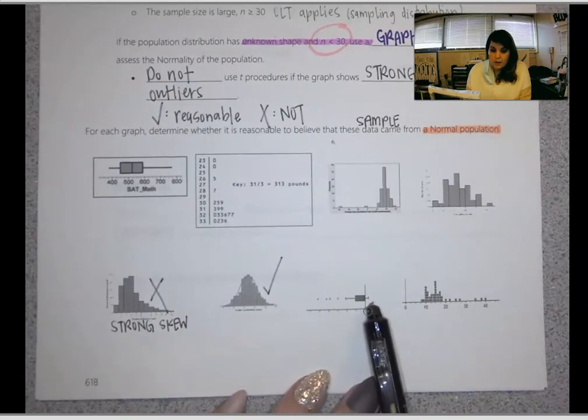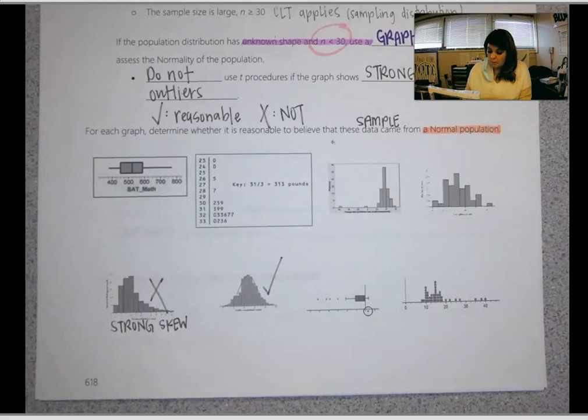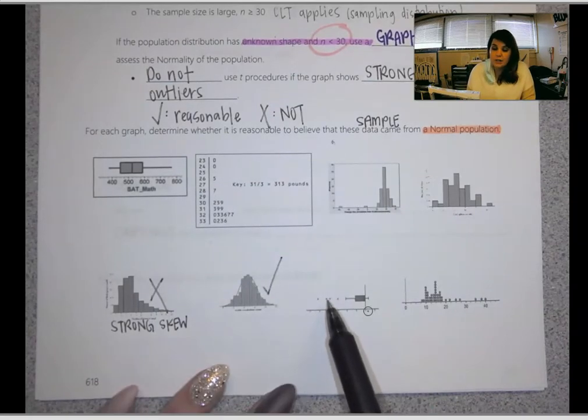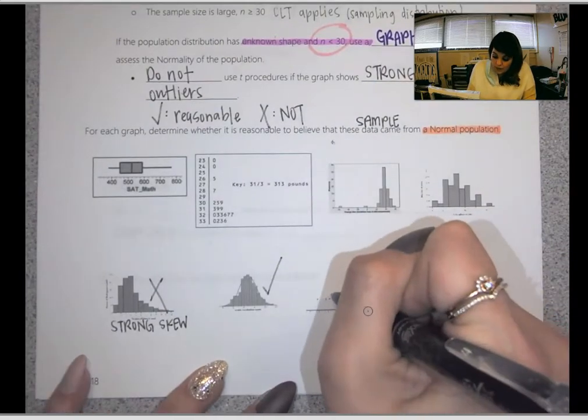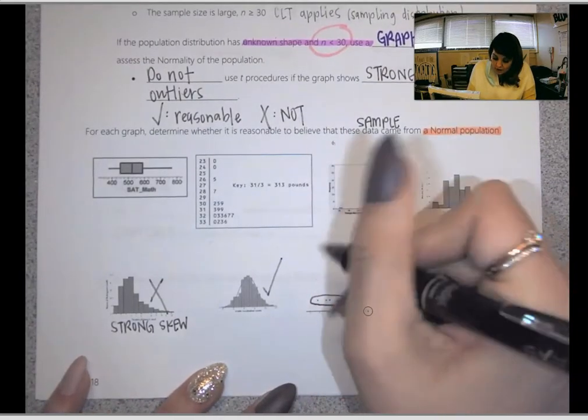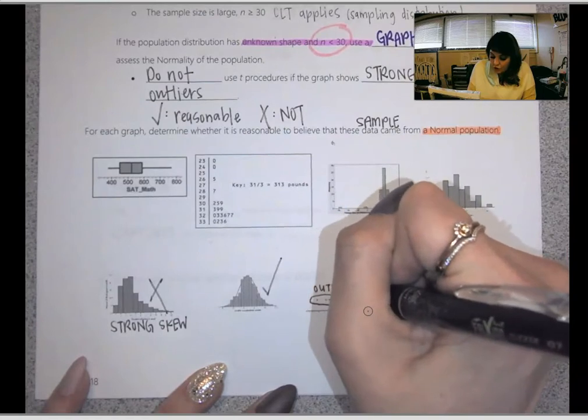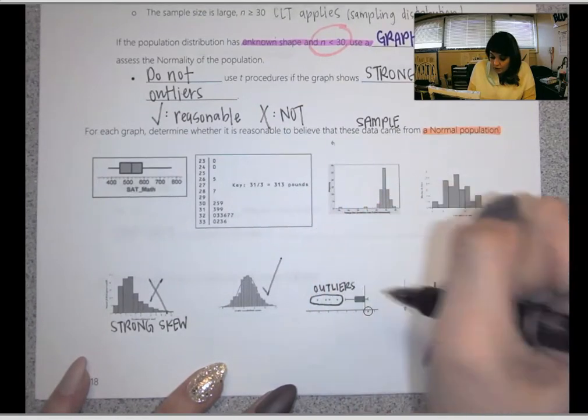This box plot right here, I have mentioned before that I prefer box plots. I think that they're one of the best graphs that we can look at, and part of the reason is because if you have outliers in your data, they show up as points. So these points here on this box plot are for sure outliers.